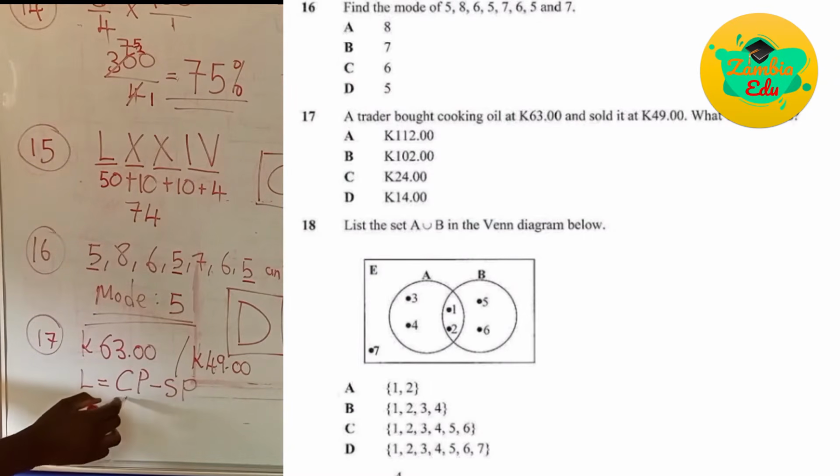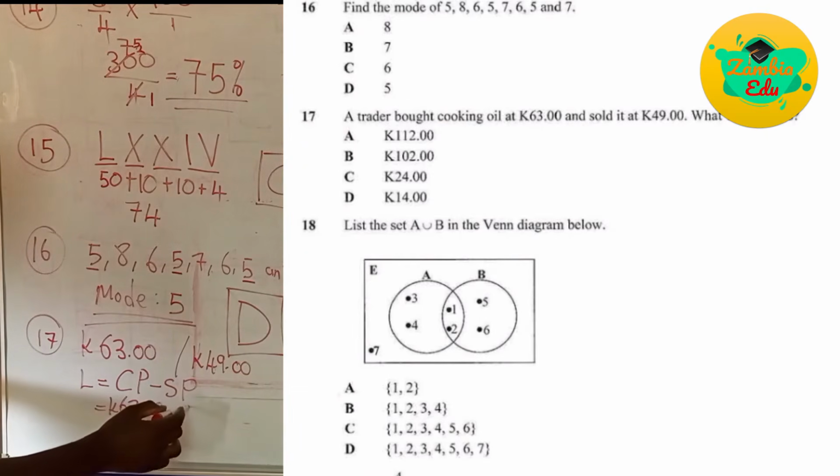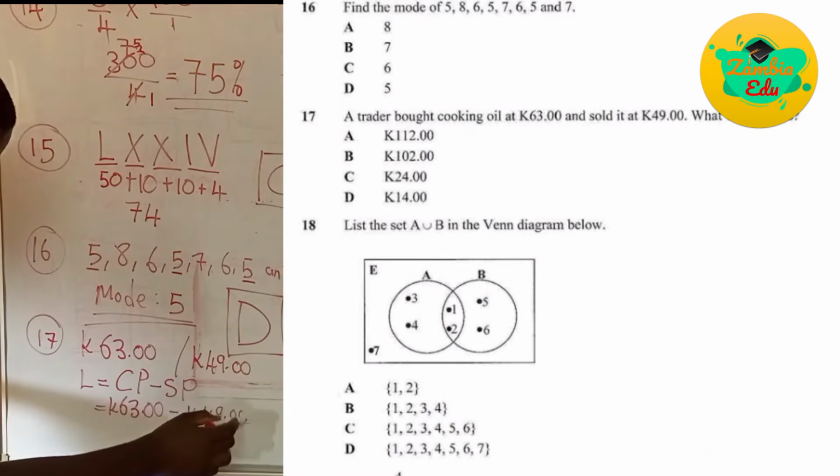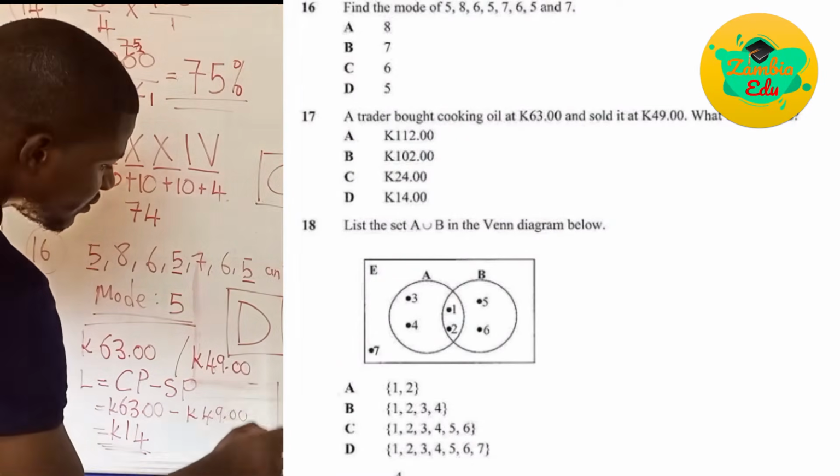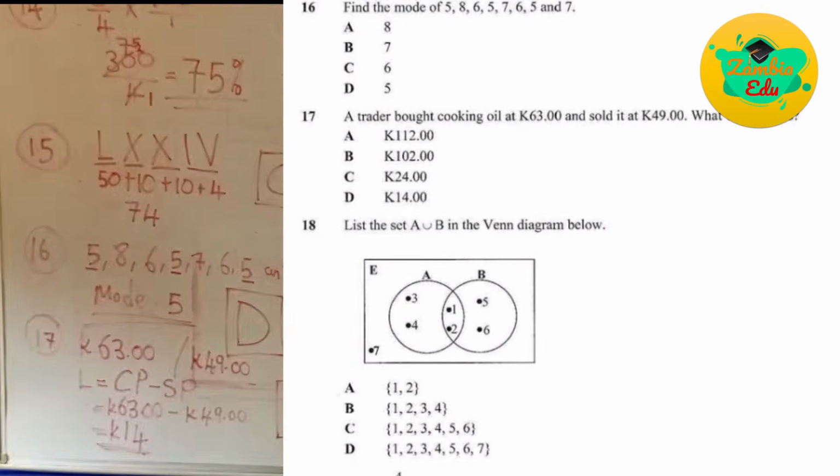So we are looking at 63 kwacha, take away 49 kwacha, and once we subtract that, 13 take away 9 is 4, so we have 14 kwacha as our answer, and 14 kwacha came as D. So that becomes our answer for question number 17.